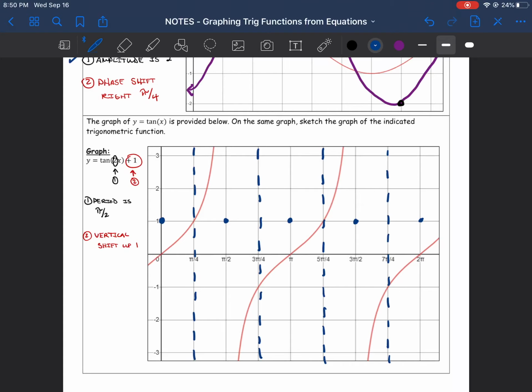Also, we would end up having points here, right here, and so on.